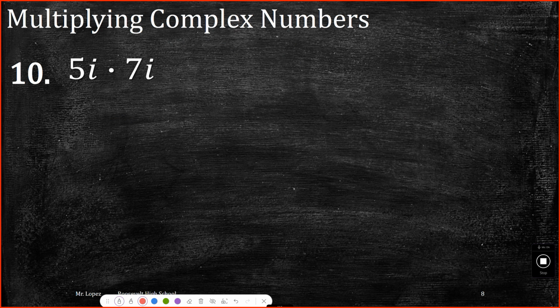Yes, but okay, let's go. Multiply complex numbers. 5 times 7 is 35. i times i is i squared.